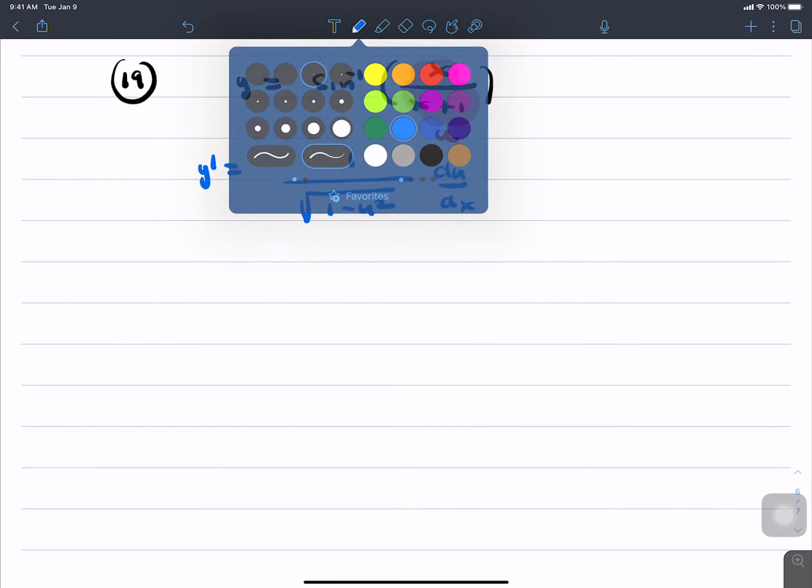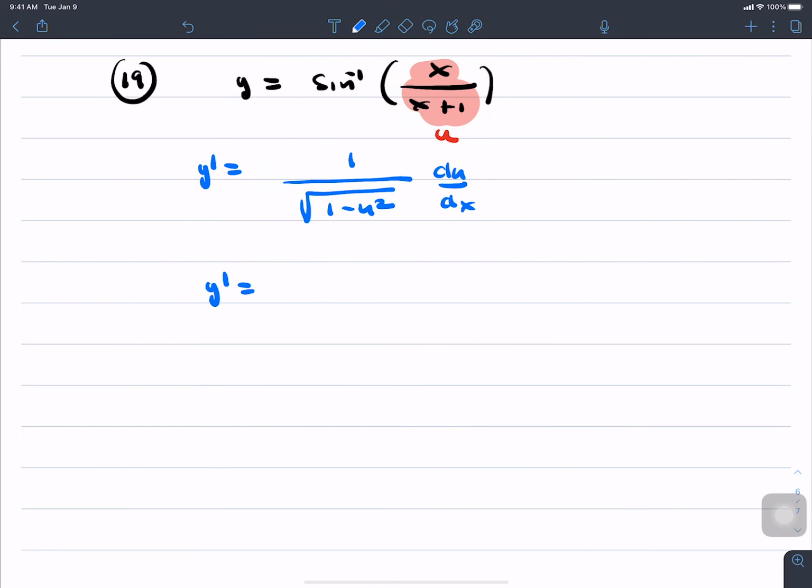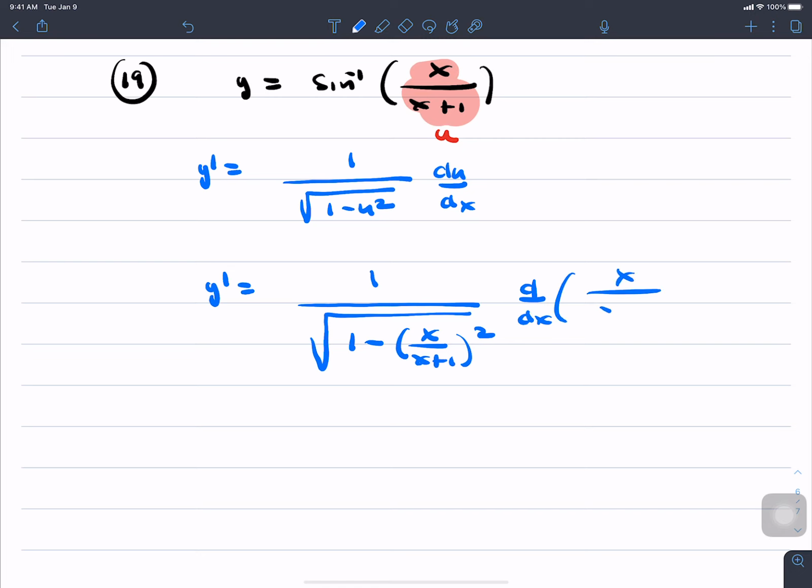So in this case, that's going to be 1 over square root 1 minus x over x plus 1 squared, and the derivative of x over x plus 1.